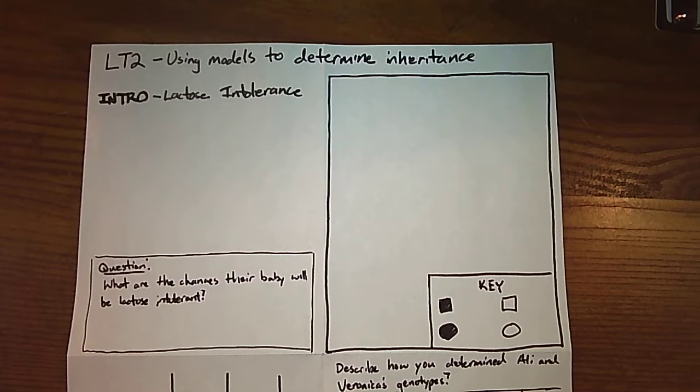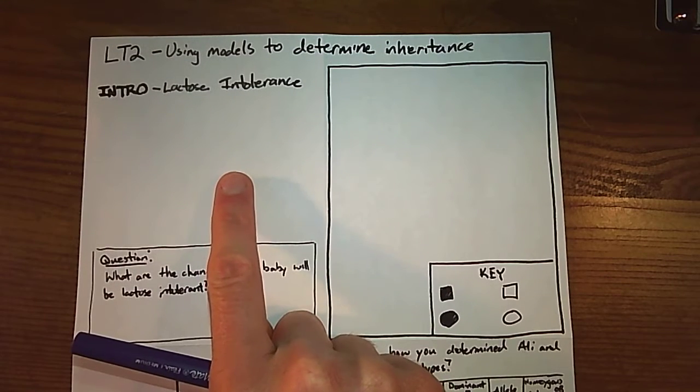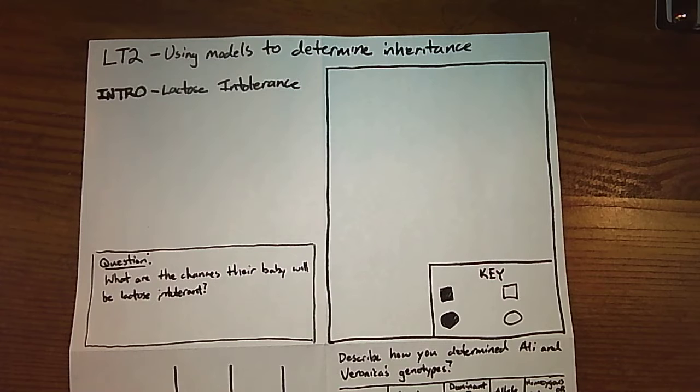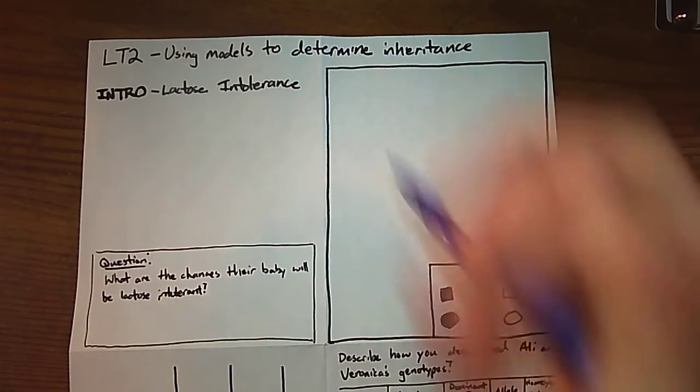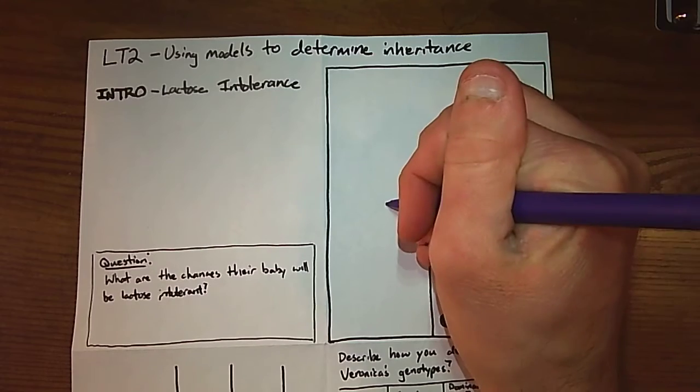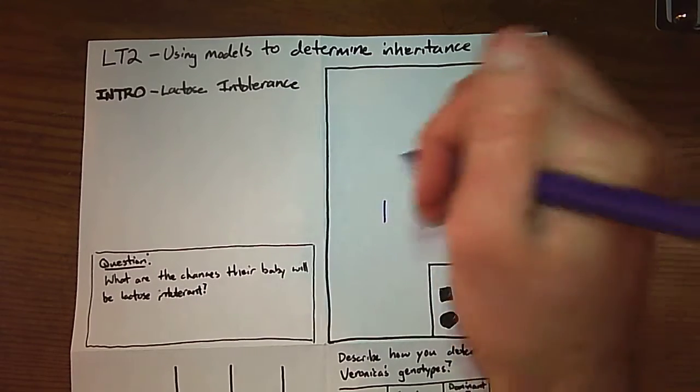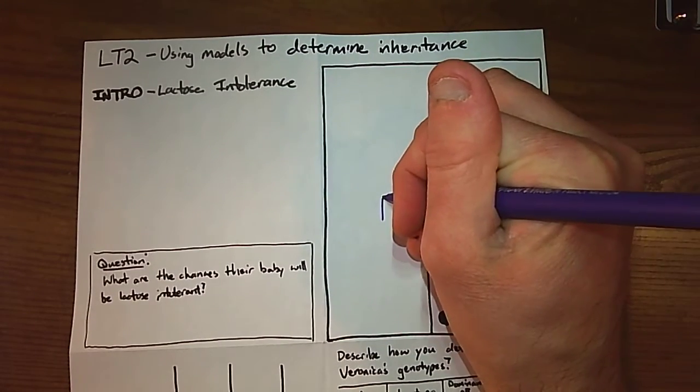All right. So in this background, it tells us, again, it's not here, but it is on your worksheet, that Ali, who is a male, and Veronica, who's a female, are about to have a child. So I'm just going to start off and draw Ali a little bit further down because I'm guessing they're going to talk about the rest of the family history.